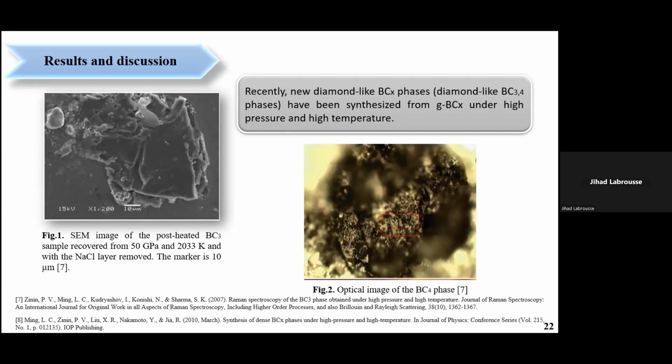And this is the scanning electron microscopy of the BC3 sample, and the second image is the BC4 phase. I just want to show you the scanning electron microscopy of BC3 because we are going to work on this material.